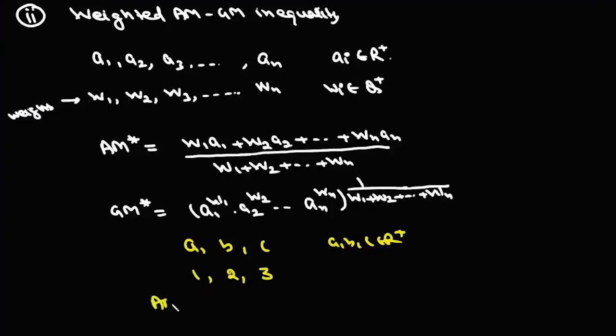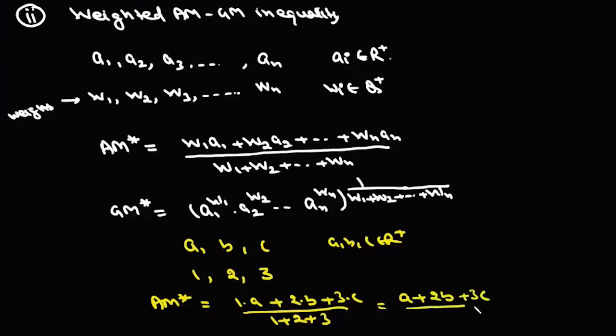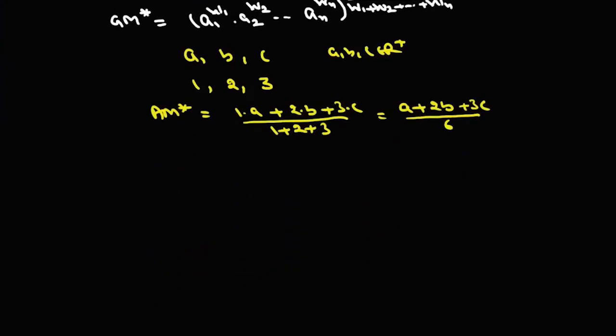Then we can write their weighted AM as 1 into a plus 2 into b plus 3 into c upon 1 plus 2 plus 3, and there will be (a plus 2b plus 3c) upon 6, and we can write their weighted GM as (a to the power 1, b to the power 2, c to the power 3) whole to the power 1 upon (1 plus 2 plus 3), and there will be (a b square c cube) to the power 1 by 6.